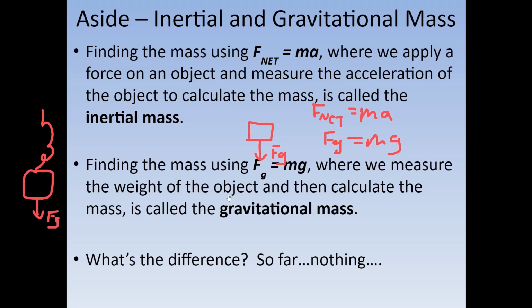So any experiment that requires gravity in order to work would end up finding the gravitational mass. Perfect example, placing an object on a triple beam balance. That requires gravity. No gravity, it would not pull it down. That measures gravitational mass. Putting an object on a spring and having it oscillate around, that does not require gravity. That can be done in space. That would be inertial mass.